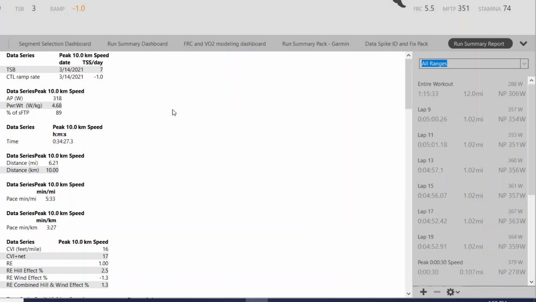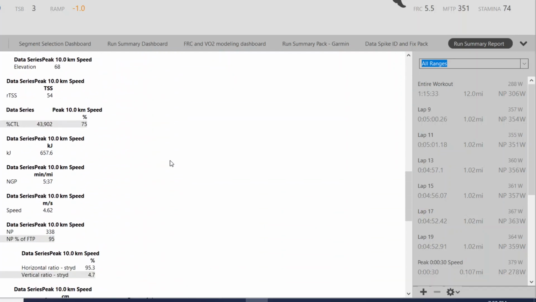I should also comment that I constructed this with the metrics that I look at the most or give the highest priority to. I put them near the top, so I don't have to scroll down.